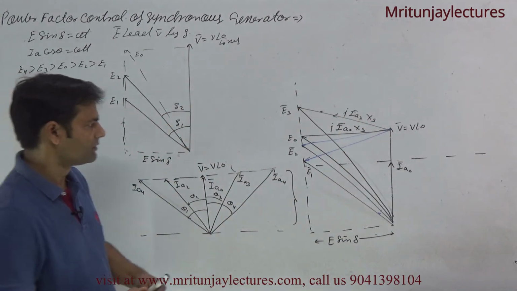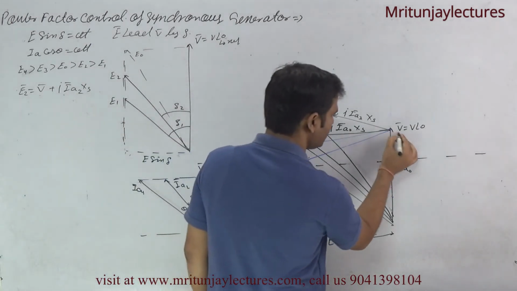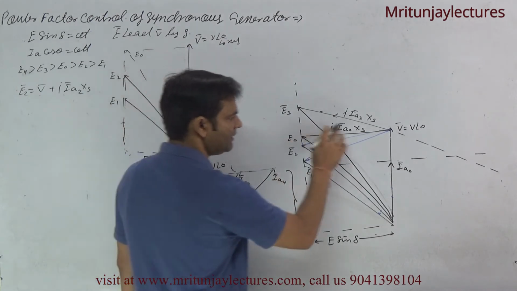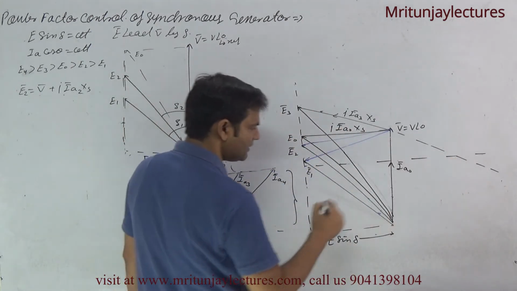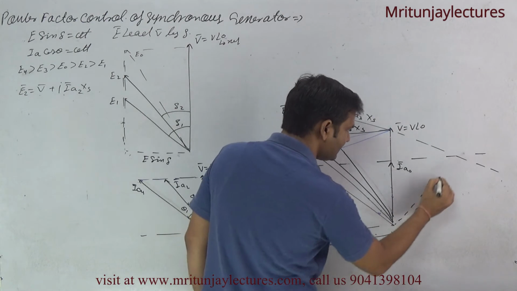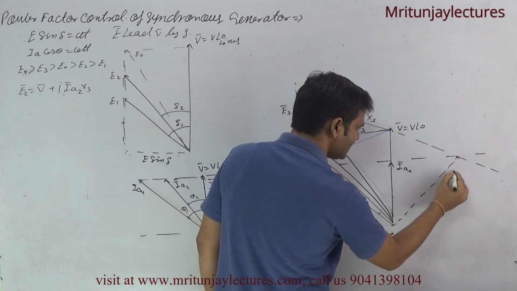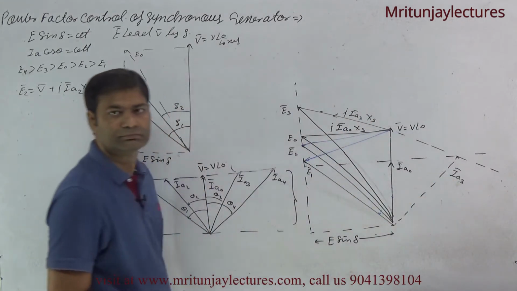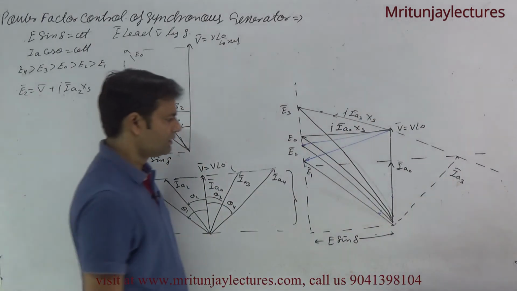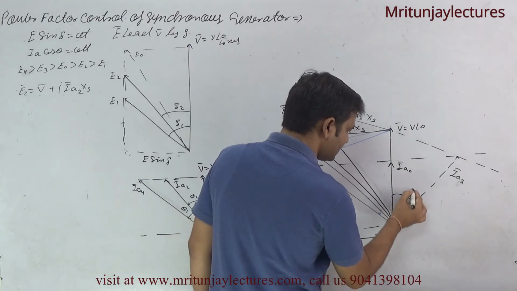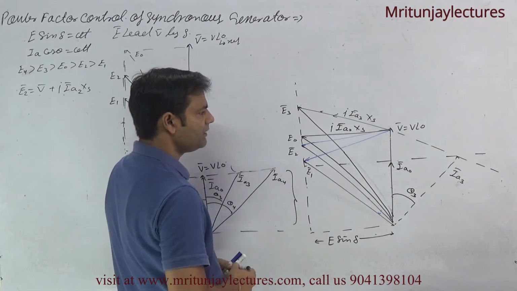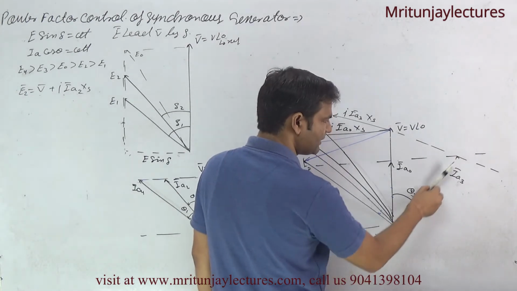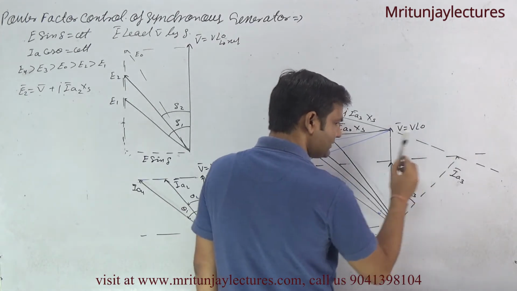Clear? If you represent the dot corresponding to this one, then what about IA3? IA3 is represented here. Clear? Corresponding to this one, that is theta 3. Theta 3 corresponds to current IA3.